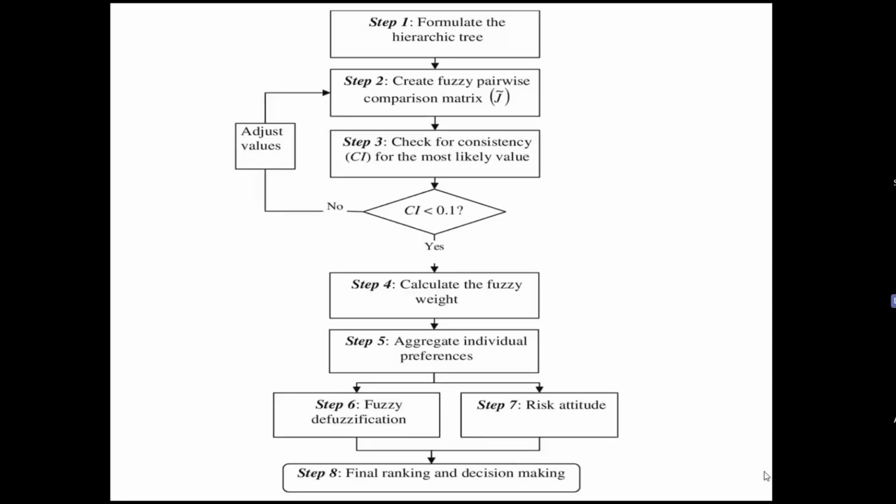If these are not consistent, then we can change the criteria, or we can ask experts for a better opinion. Then next we proceed to calculate the fuzzy weight. Then we aggregate individual preferences, then we go for fuzzy defuzzification, and then risk attitude, and then final ranking and decision making. So this is the whole procedure we use for this fuzzy AHP technique.